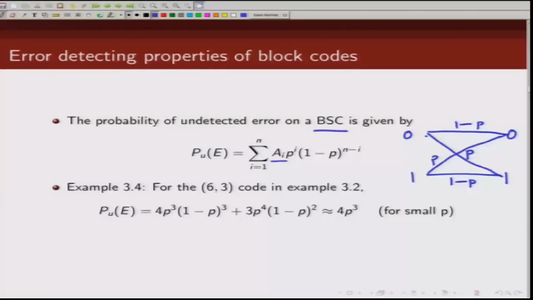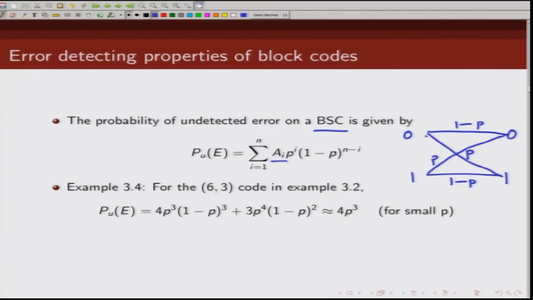Now, what is the probability that you send an all 0 code word and receive another code word of weight I? That probability is given by p raised to power I. This will happen when I bits get flipped and n minus I bits do not get flipped.